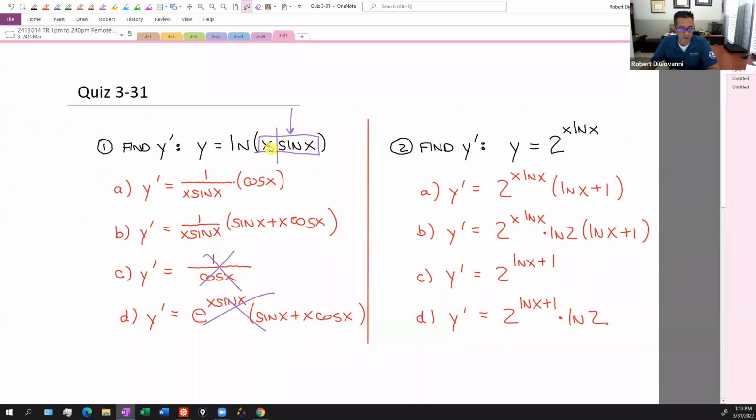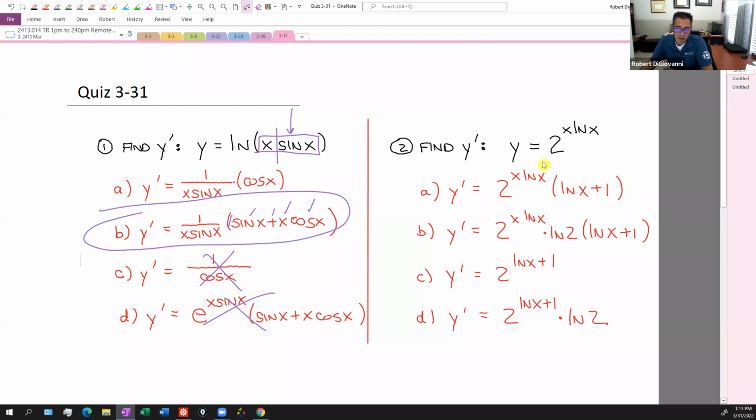You take the derivative of x, which is 1, times sine x, plus now the derivative of sine x, which is cosine x, and then times x. So it's this one right here. If you chose A, then what you might have done is forgot the product rule and just took the derivative of x and put 1 and took the derivative of sine and put cosine. But that's not right because that's not product rule. So the answer here was B.